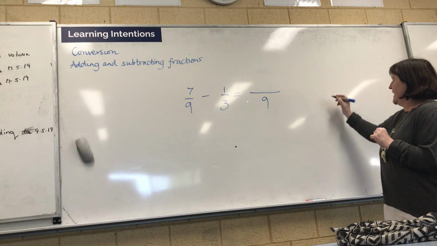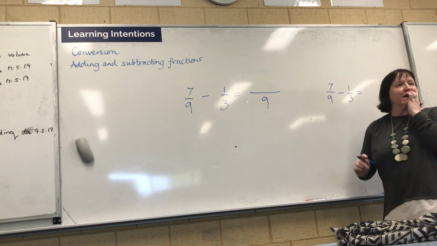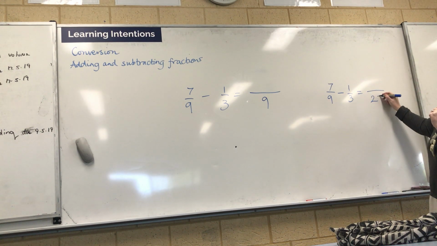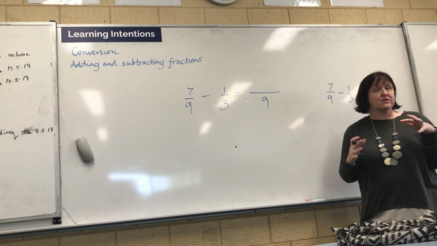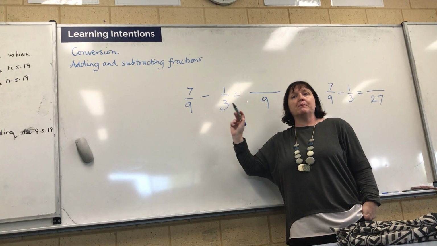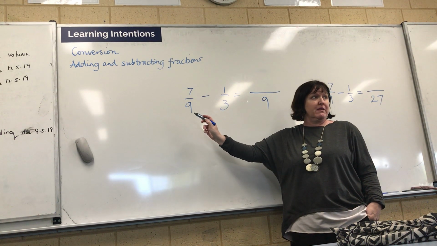So you've got 9 there, 7 over 9 take 1/3. What about if you wanted to do it by multiplying the denominators? 27. That's right. So we'll do it by both methods and you'll see, because obviously here the lowest common multiple is 9.